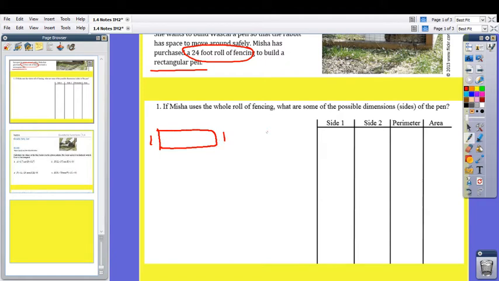So if we have 24 foot, and this is 1 and this is 1, so they are 2. So then that is 22. 22 you will divide in half because these two are equal, so you divide it by 2 and you get 11. So this is 11 and this is 11 feet.